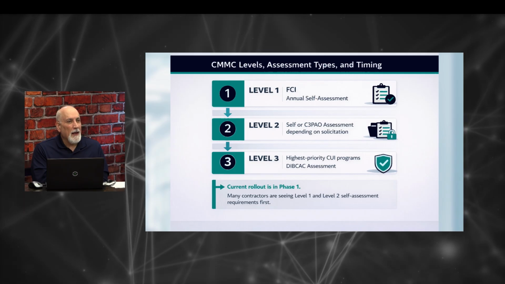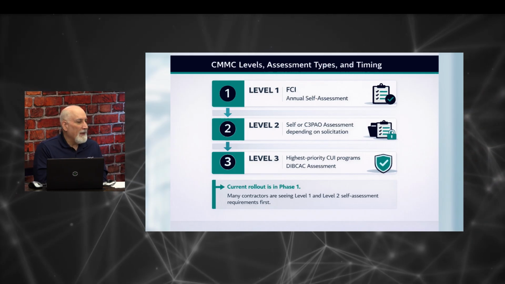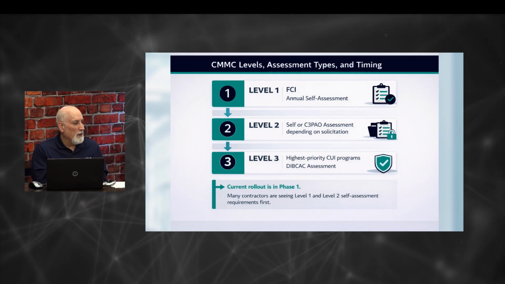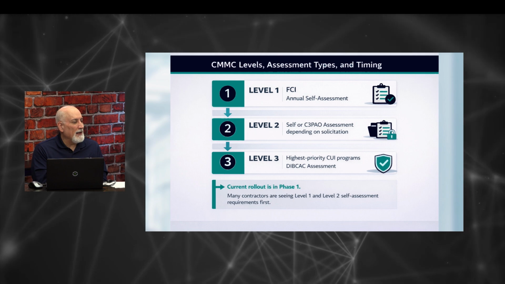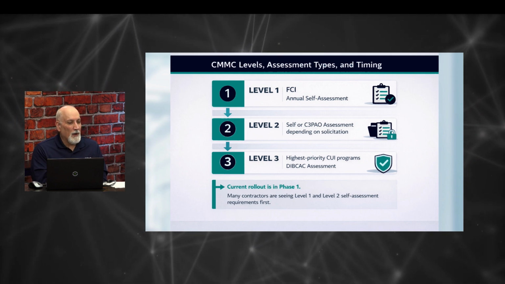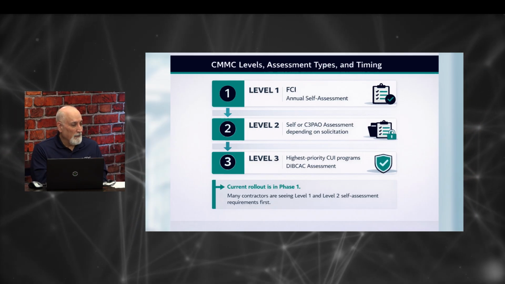And by the way, we're not going to require third-party audits for level 1. That was a big concession, I think, in the whole development. It was worth waiting the 6 years just to hear you don't have to have a third-party audit for level 1. So level 1 is a self-assessment annually.